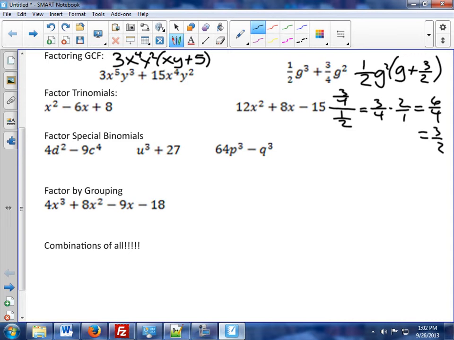Rule of thumb, take what else in front of the first one. Yes. Can you take a quarter out, and then put 2 and 3? You could. But what does yours say? What do you have left over? 1/4 g squared plus 2g, well 2g plus 3.